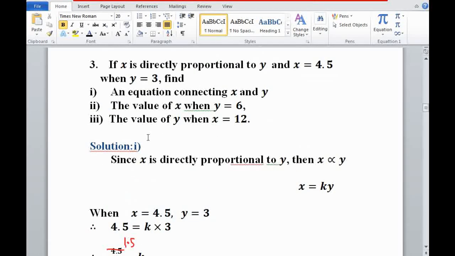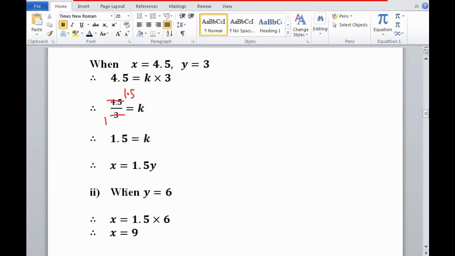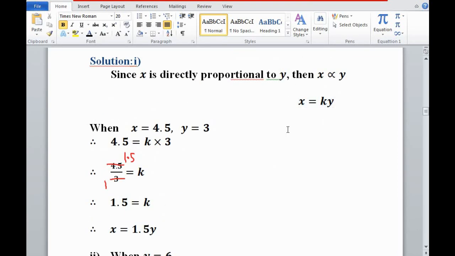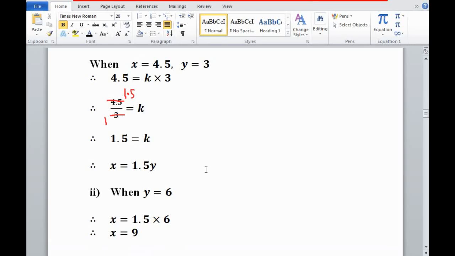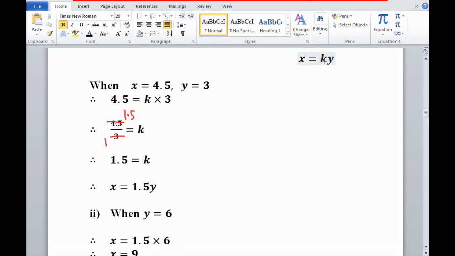And now second part from the question is the value of x. Find the value of x when y equals 6. So if y equals 6, then according to this equation, x equals ky, we will substitute the value of k and y, because we are finding the value of x if y equals 6.